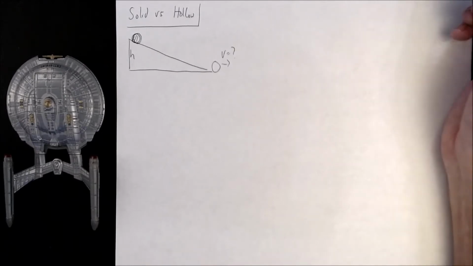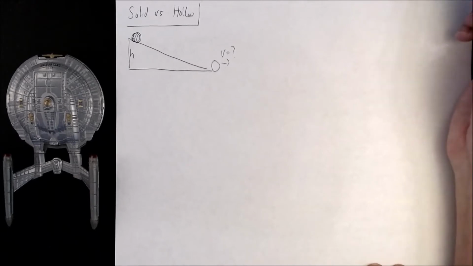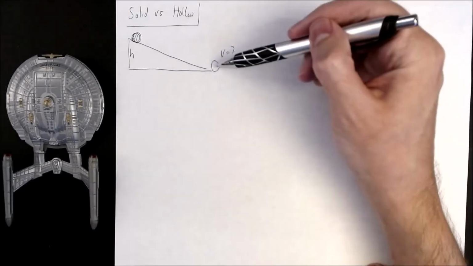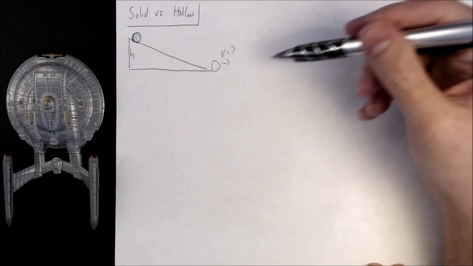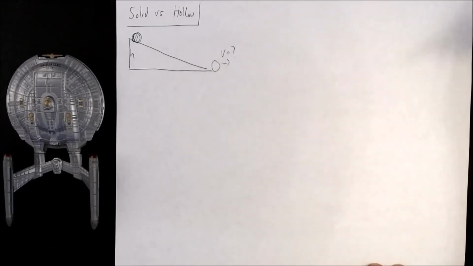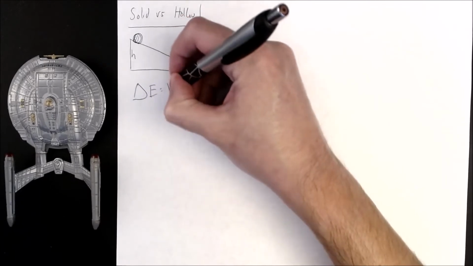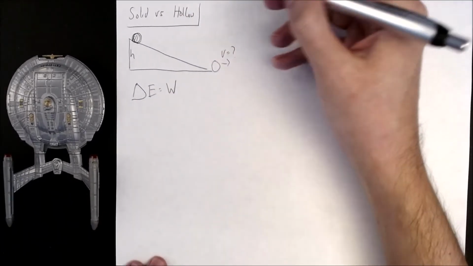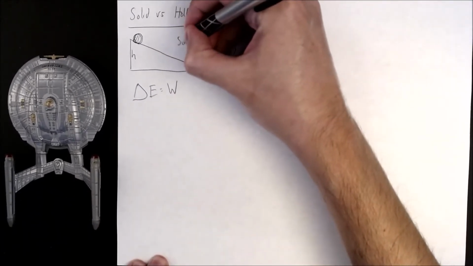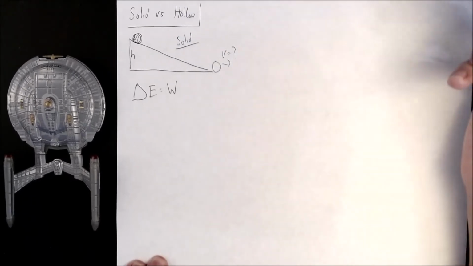Okay, what kind of problem is this when we find the speed of something at the bottom of a ramp, especially when it's rotating? Well, we could do it with kinematics, but that would be awful, frankly, so let's not. Let's use energy. Delta E is equal to W. This is going to be for the solid cylinder.